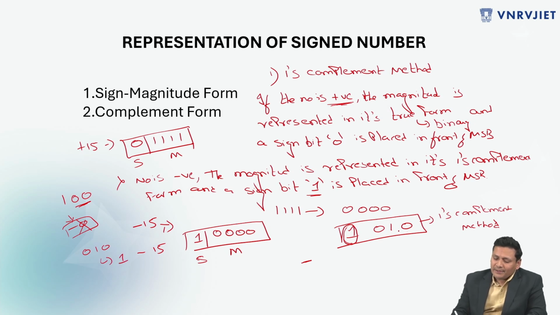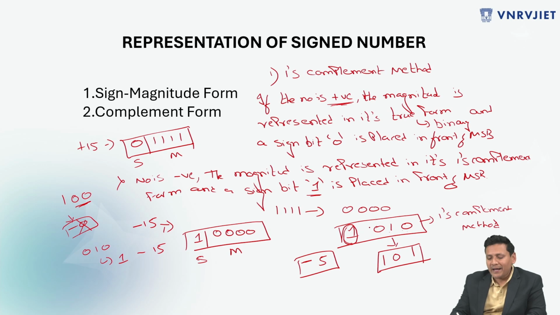That is not the case. This 010 is the complemented version of the true number, so next we have to find its complement. 0 will be 1, 1 will be 0, so this gives 101, which is 5. The number is minus 5. That is where many students get confused. When they see the number 1010, they think it is minus 1, but practically it is minus 5. Why minus 5?